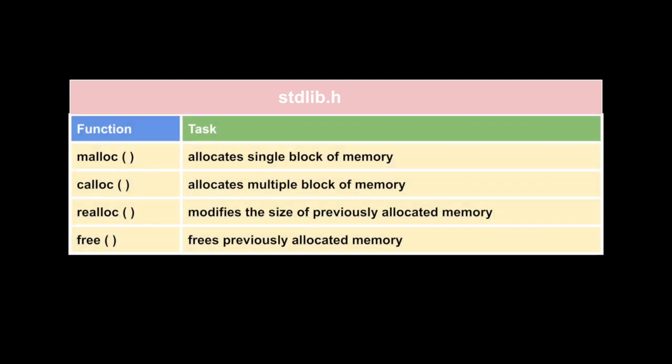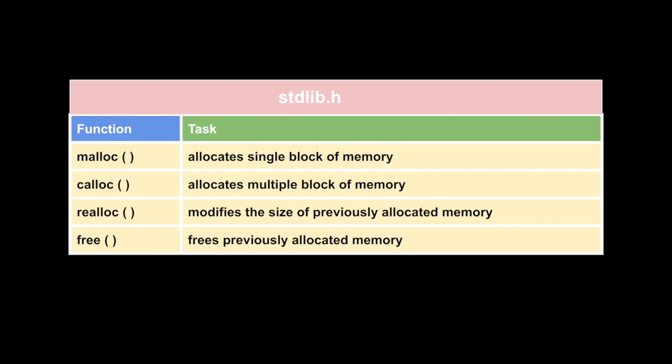In C, there are some memory management functions that can be used for allocating and freeing up memory during program execution. All these functions are declared under the stdlib.h header file. So here's a picture showing all the four functions along with their tags. Later on, we'll be discussing all the four functions in detail, but for now, I have listed all their tags in short.